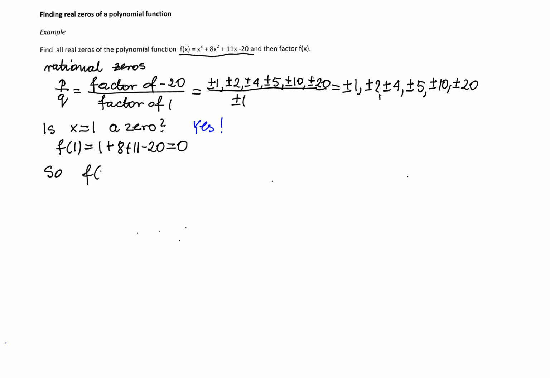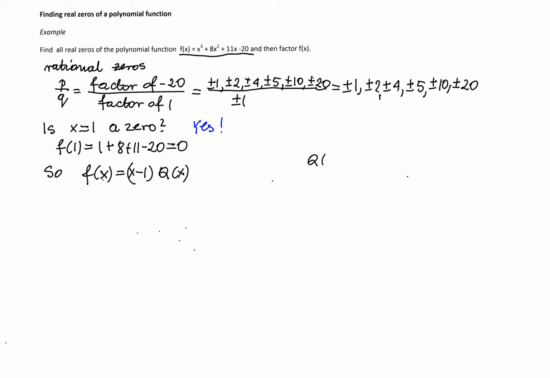So if this is the case, we can write the function f of x as x minus 1, since x equals 1 is a zero, x minus 1 is a factor, times q of x, where q of x is the quotient when dividing f of x by x minus 1.